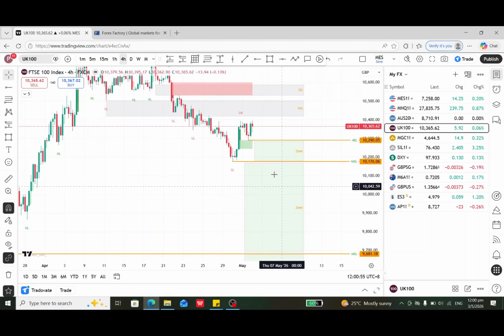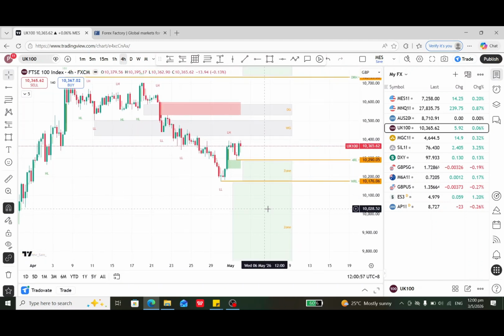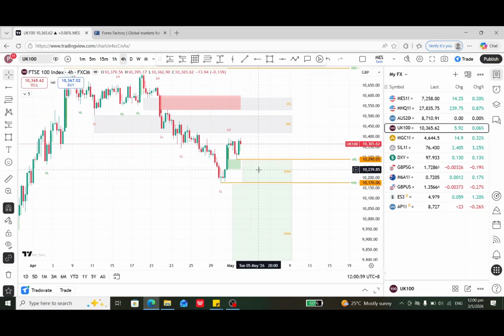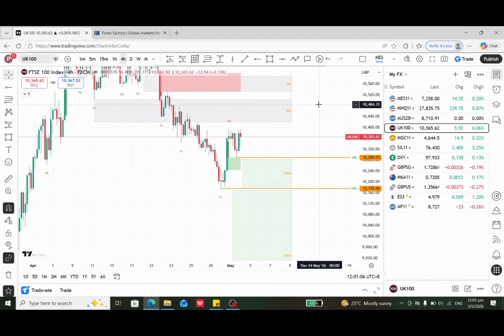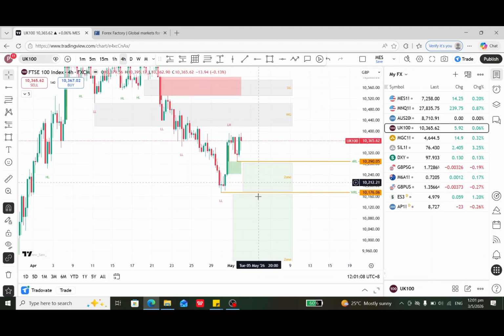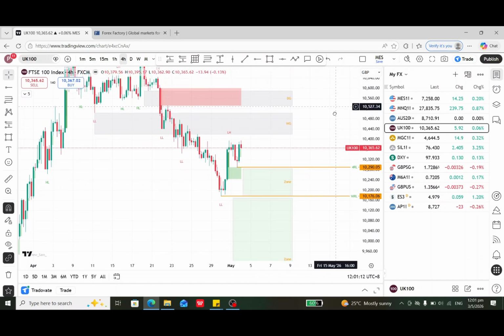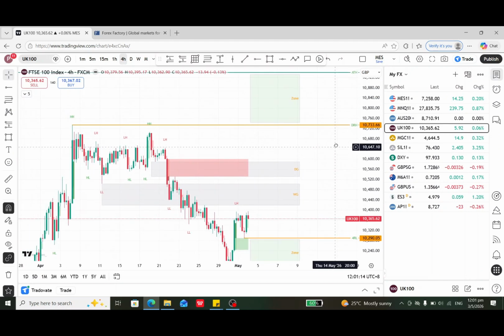So I will monitor this zone first and see how it reacts. This is really tradable, but the probability is a bit low. If you are looking for a really high probability setup, I will skip this zone and monitor this zone. Okay, so that's all for this week's planning.